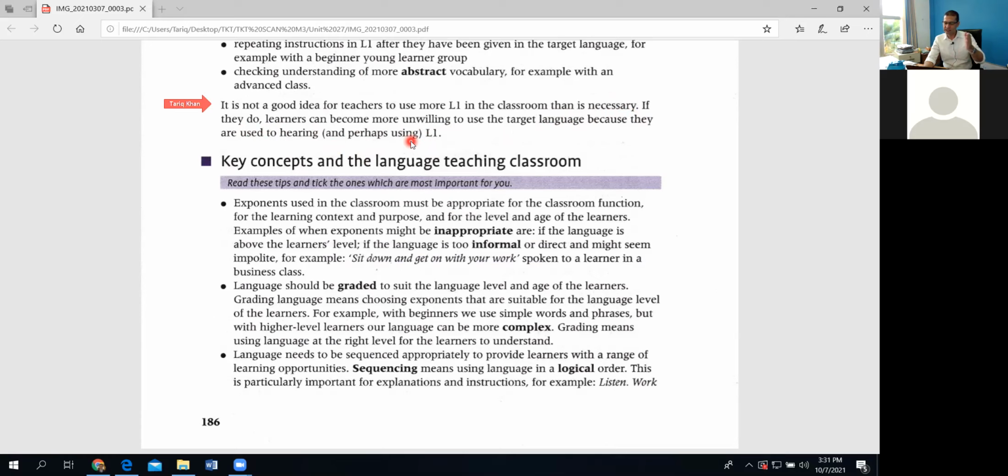Only in the conditions which they have given is it okay to use it. But again, you have to come back to the target language, the second language, English, to talk to them. If you continue with that, the children are used to the mother language, and it will be difficult for you to bring them towards speaking English.